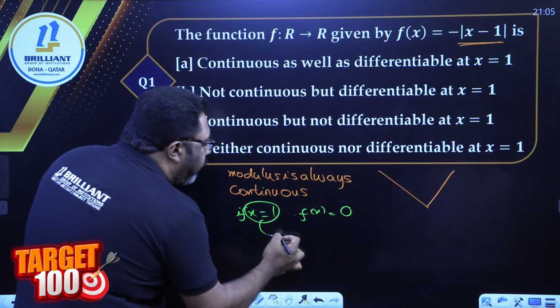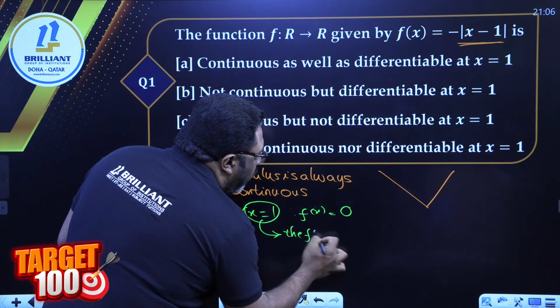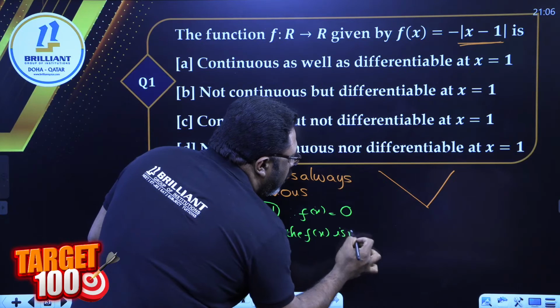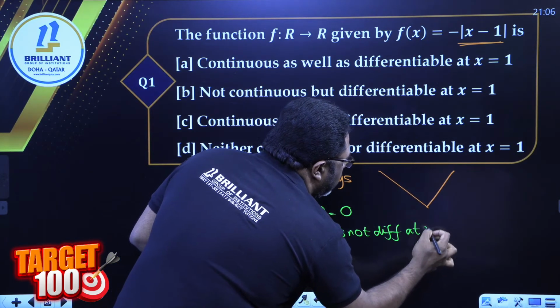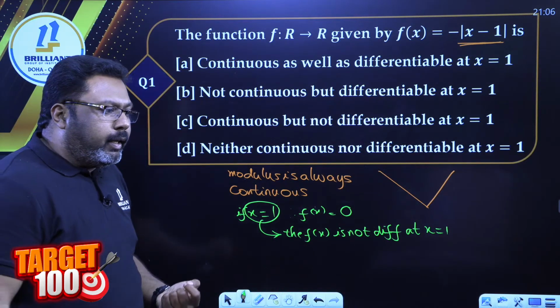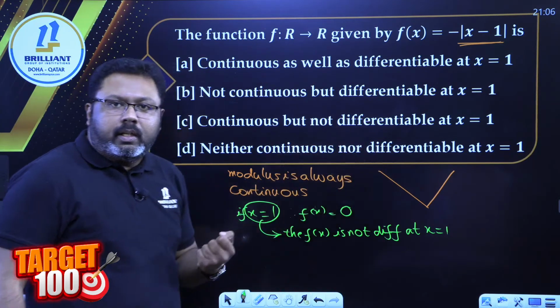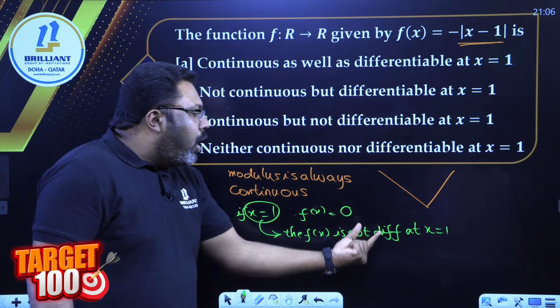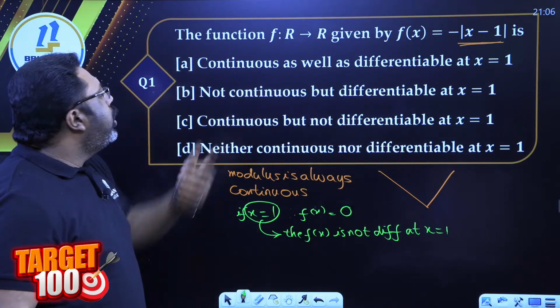Then the particular property of this value is that the function f of x is not differentiable at x equal to 1. Very simple idea, very simple technique. The function is always continuous if it's modulus, and it's not differentiable at the value of x which makes the function 0.